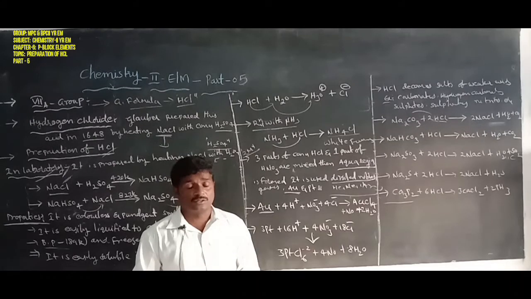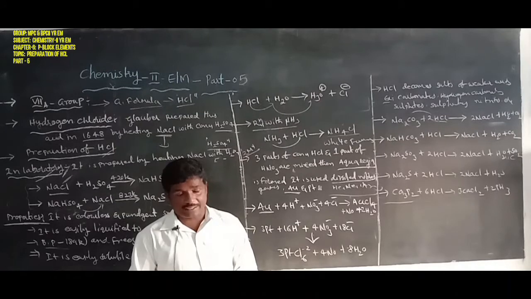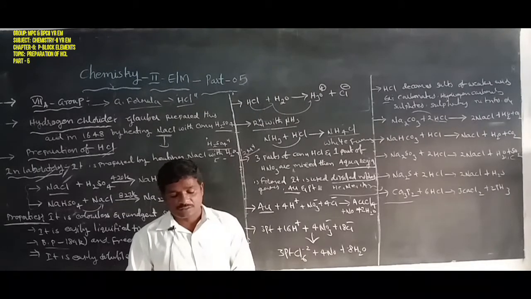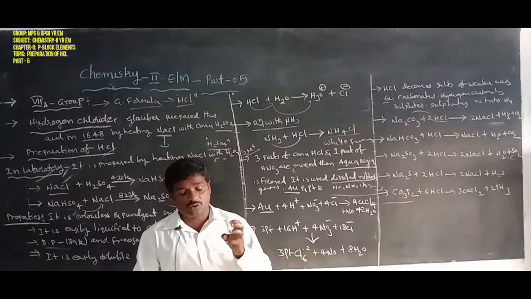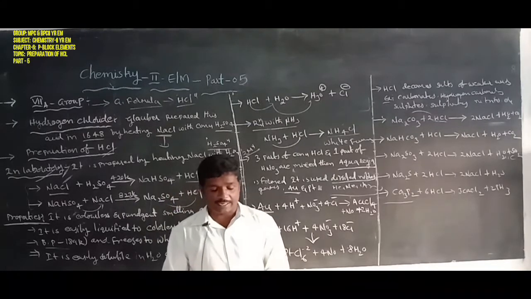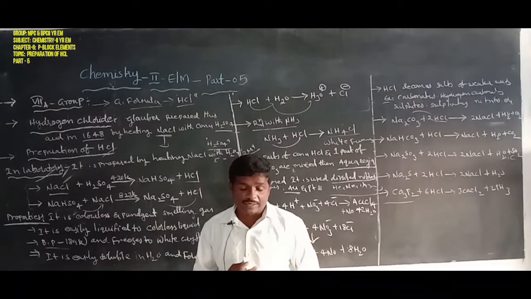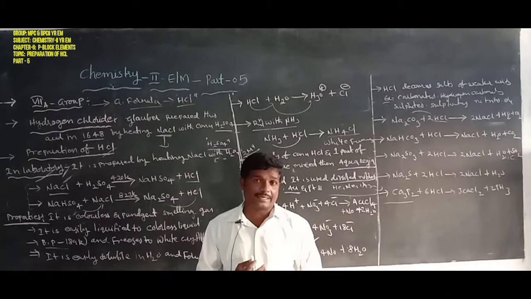Next, another one, glucose, that is the uses of hydrochloric acid. Next, another one, it is used for extracting glue from bones and purifying bone black. Next, it is also used for medicines and as a reagent in the laboratory.